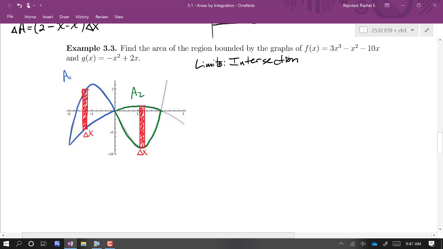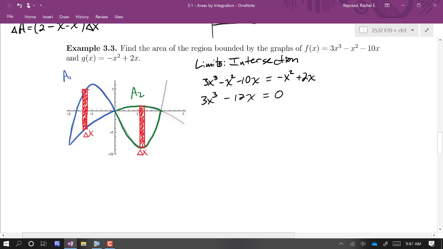So we're going to find the intersection of these curves to get the limits of these integrals that we need. So I'm going to set these equal to each other. We've got 3x cubed minus x squared minus 10x equal to negative x squared plus 2x. I'm going to throw all my terms on one side, so I get 3x cubed. If I add x squared, the x squareds disappear. If I subtract 2x, then I have a minus 12x.